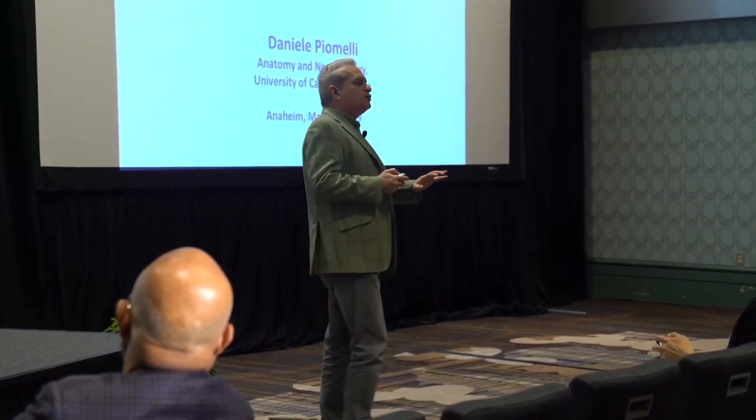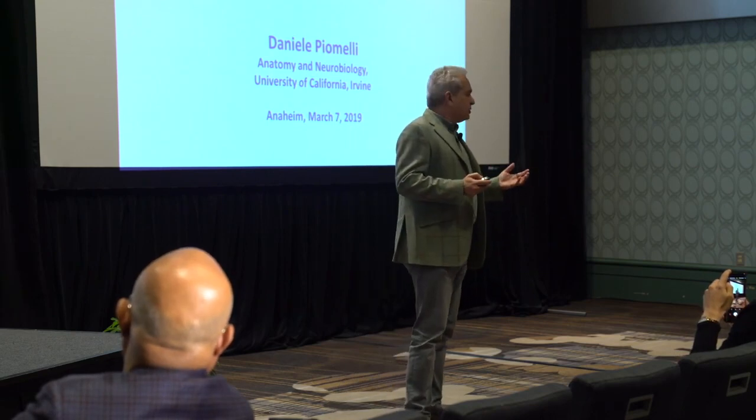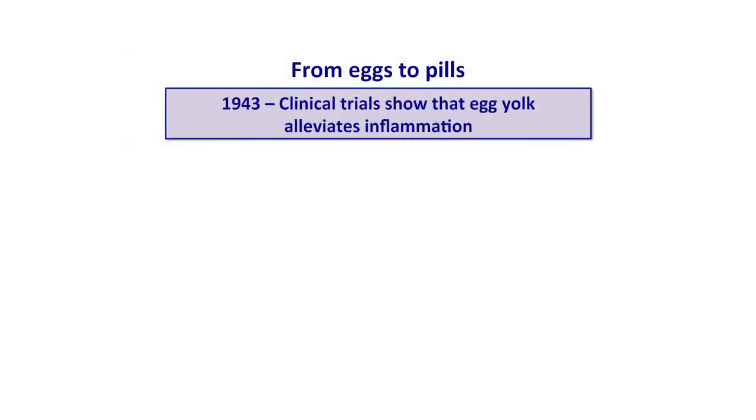I think the best way to introduce PEA is just to remind ourselves of the history behind this exciting molecule. A history that actually starts a fairly long time ago, in the 1940s, during the war, when of course pharmaceuticals were scarce, it was discovered that egg yolk is an anti-inflammatory food.